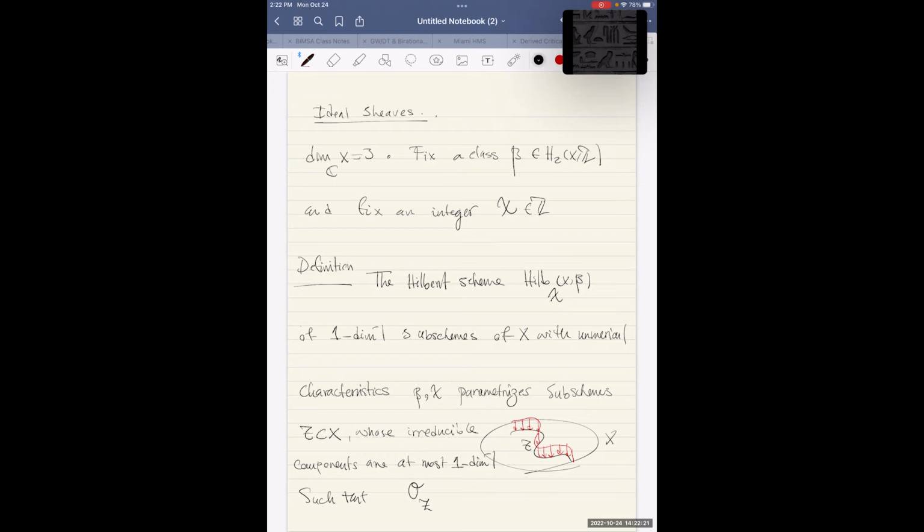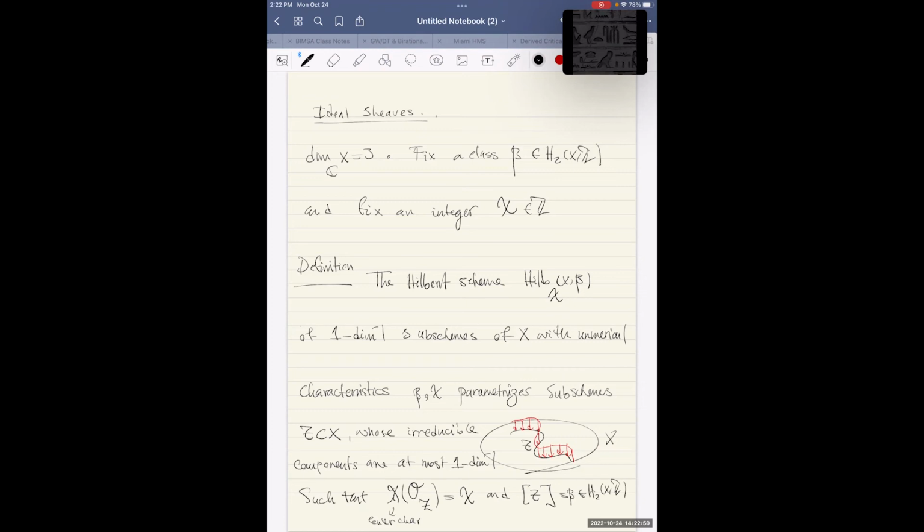Okay, so if I calculate the Euler characteristic of this thing, it is equal to chi. And I would like the class of my subscheme Z to be the fixed curve class in the ambient integral homology of my variety.